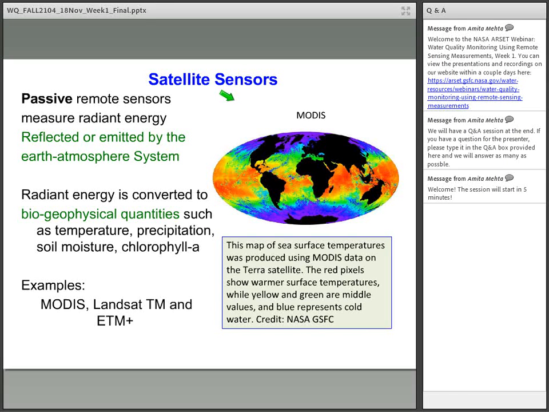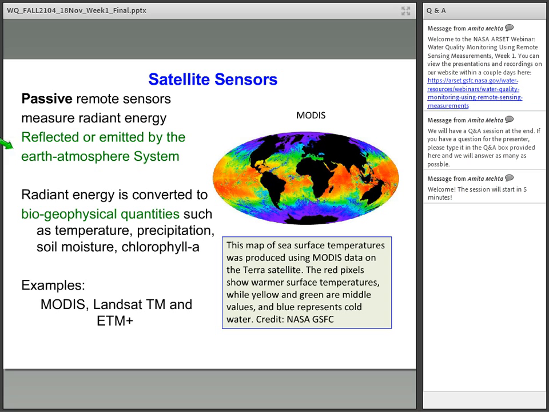So there are basically two types of sensors. Passive remote sensors just measure reflected or emitted radiation from the Earth atmosphere system. And as shown here, MODIS is one sensor that is a passive sensor that measures reflected and emitted radiation from the Earth atmosphere system.